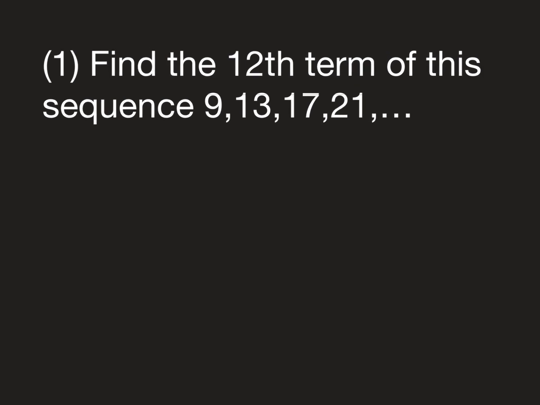The first problem reads, find the 12th term of this sequence: 9, 13, 17, 21, and so on. Solution. The first term of this sequence is 9. So therefore, a is also equal to 9, since T1 is equal to a.